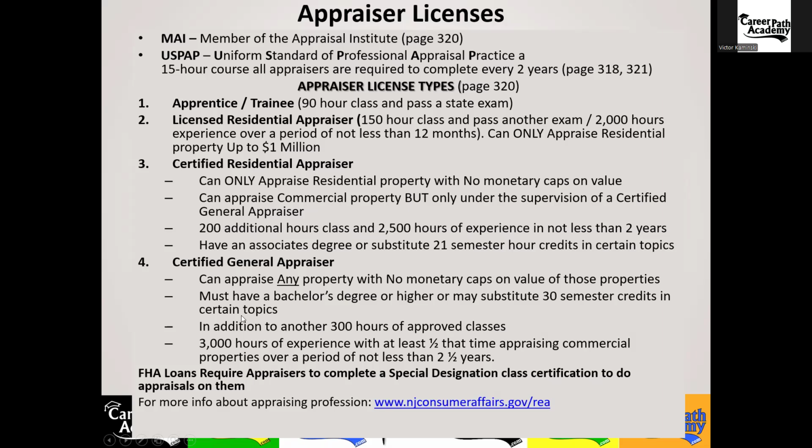This is all we need to know. You know, and I wrote down here at the bottom, FHA loans require appraisers to complete a special designation class certification to do appraisals on them. And it's important for them to get that because about half the appraisals out there are for residential property anyway. A little bit more than half are probably for FHA type loans.